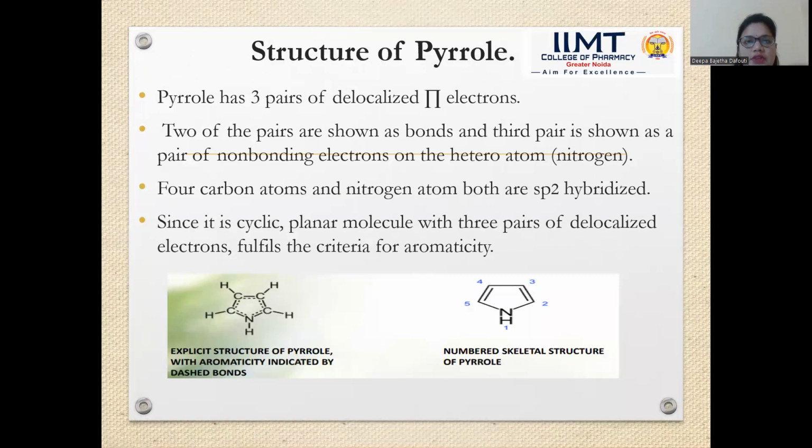Next is structure of pyrrole. In the structure of pyrrole, pyrrole has three pairs of delocalized pi-electrons. So what are delocalized pi-electrons?